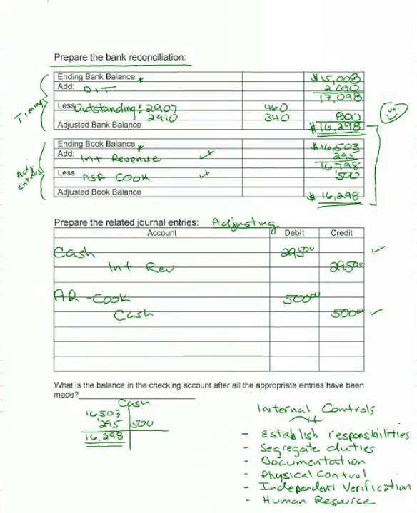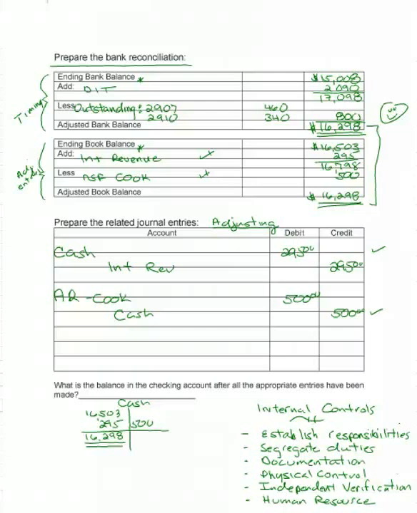Finally, human resources. It's a safe idea to bond anybody that handles cash. Then if there is a mishap, you're insured and the business will not suffer any losses. So there are several internal controls in place for the cash account. Perhaps you thought of even more.